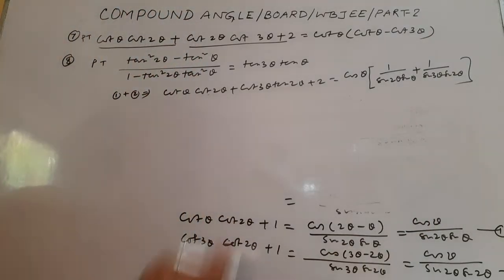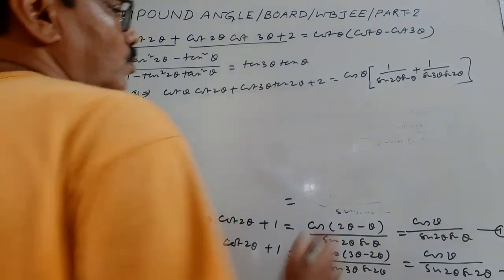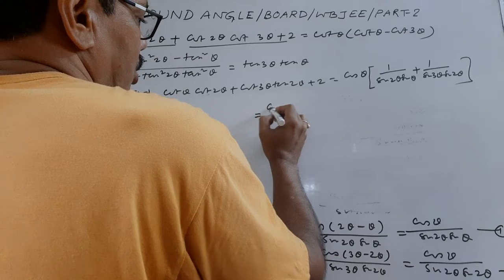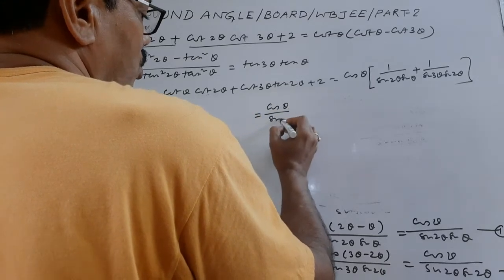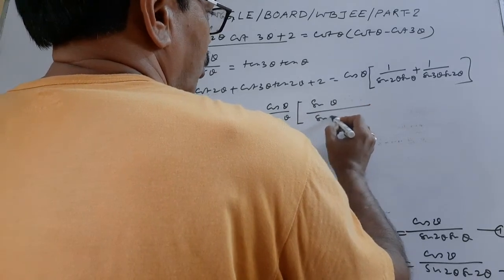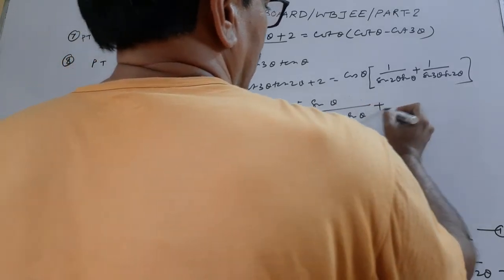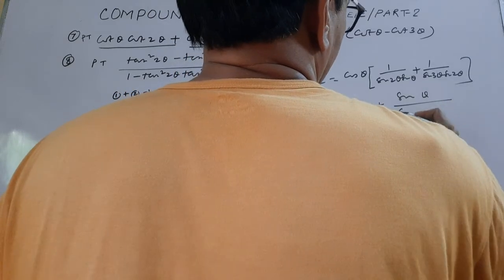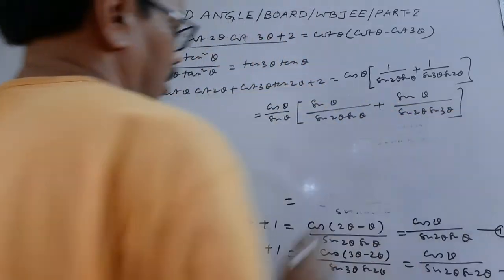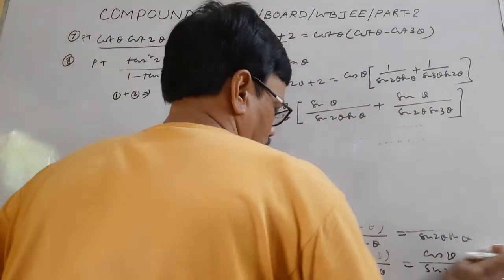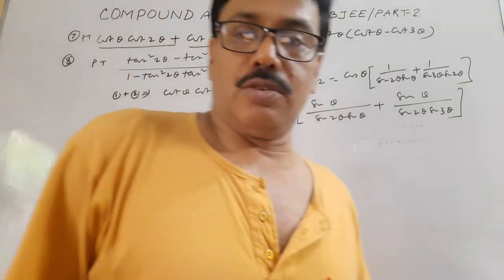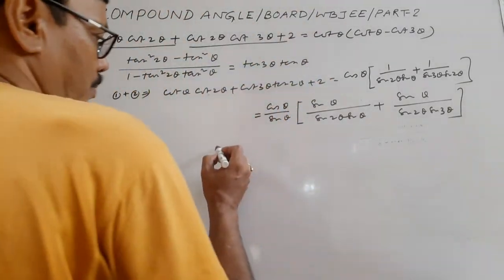Now look at the proof. This is cot theta, so this one is unchanged. To make it cos by sin, sin theta by sin 2 theta into sin theta, sin theta by sin 3 theta into sin 2 theta. Here one step to be noted.